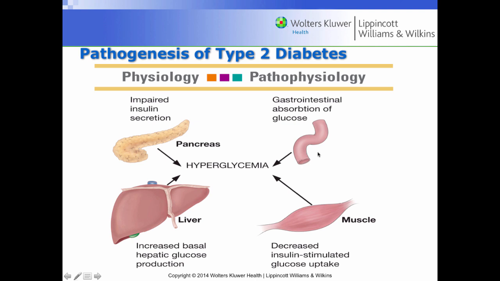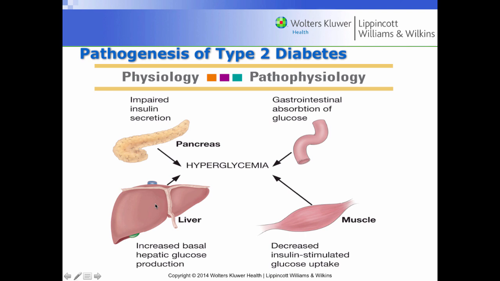Okay? So this person consumes a meal, there's some glucose in that meal, they absorb that glucose into the bloodstream, but this skeletal muscle and those other insulin-sensitive tissue types don't take up that glucose because they have insulin resistance. Okay? So that leaves this hyperglycemia.